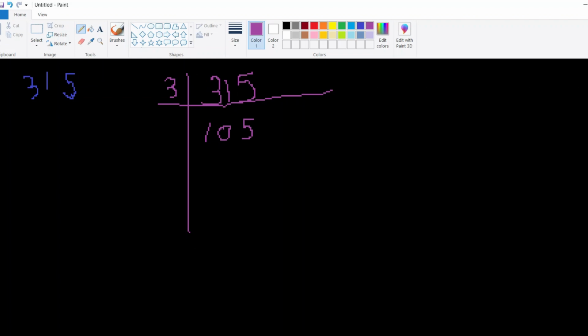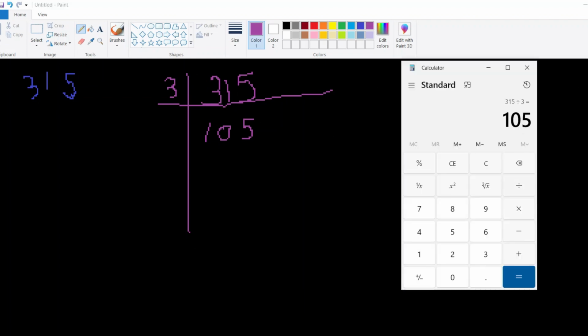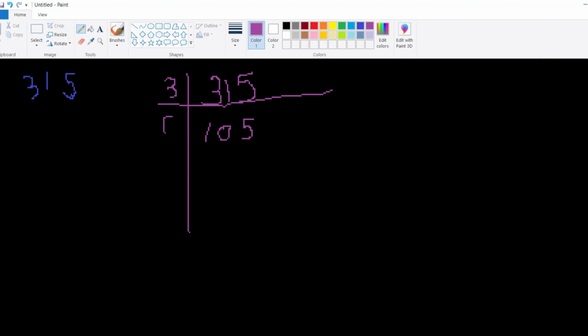But you can use the test of divisibility as it's 105. My common instinct would be that it is divisible by 5 as it ends with a 5. And see, it's right. Now for the 21, I know that 21 is divisible by 3. It is divisible by 7.